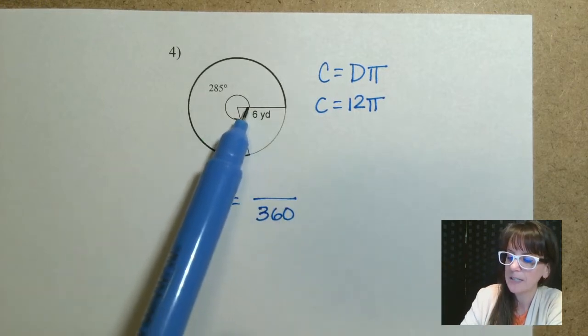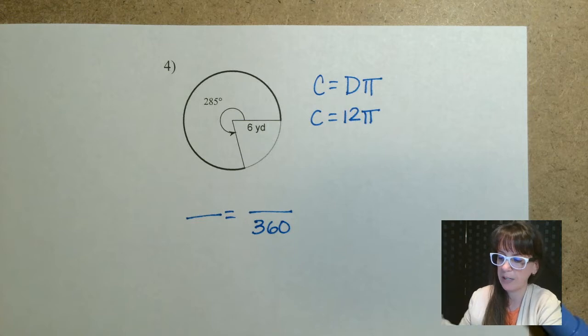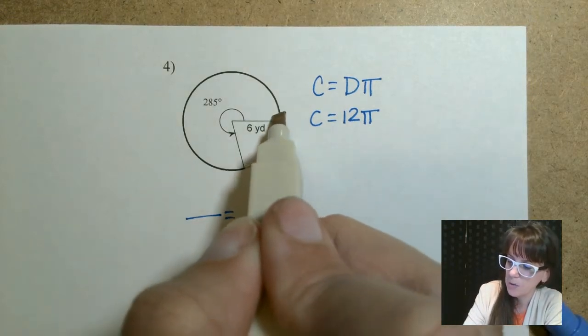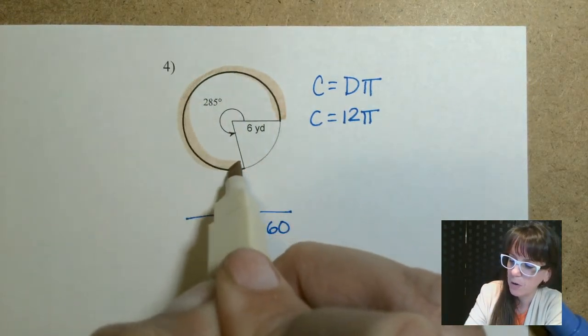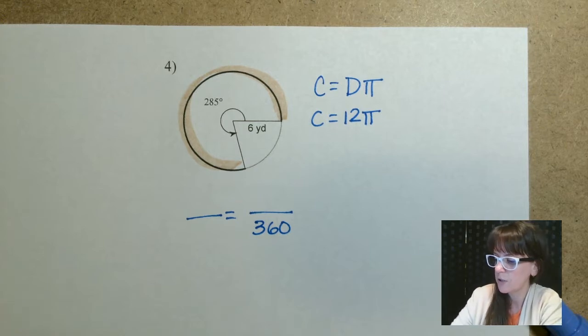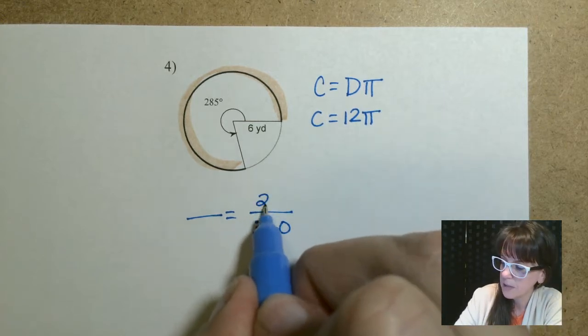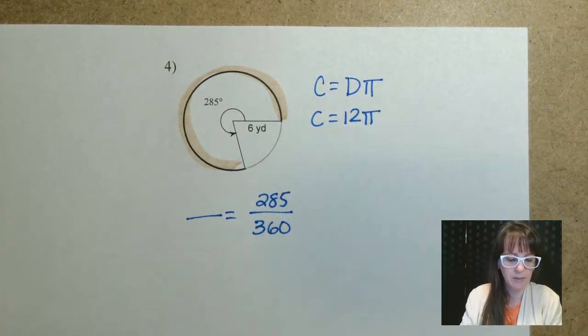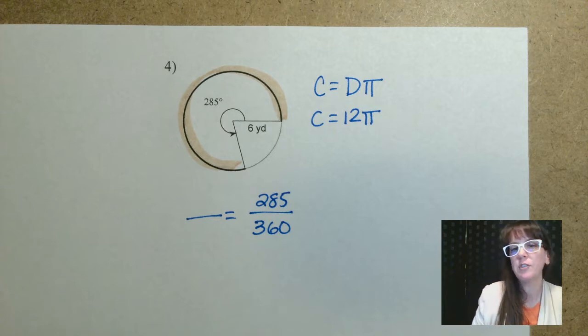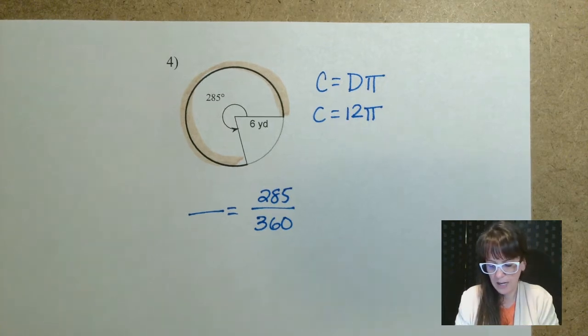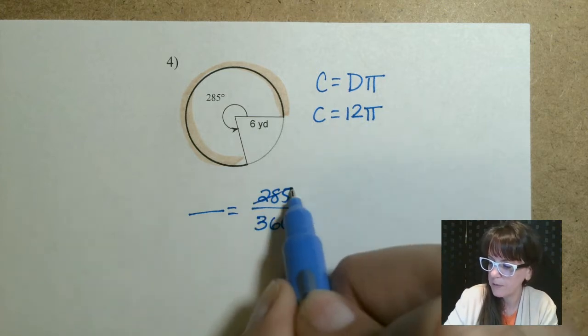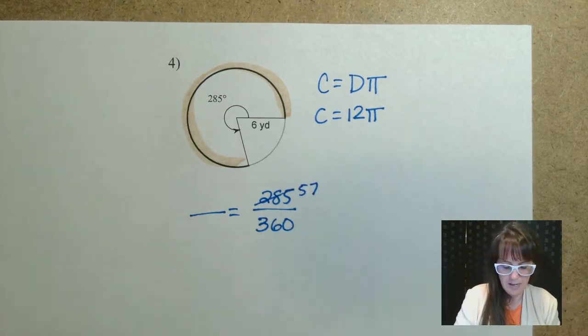Now the degrees that we're doing, again, you want to be real careful here, is we're doing this whole outer bit here. So almost the whole circle. That's 285 degrees. 285 over 360, and if we reduce that, we divide by 5 and get 57 over 72.